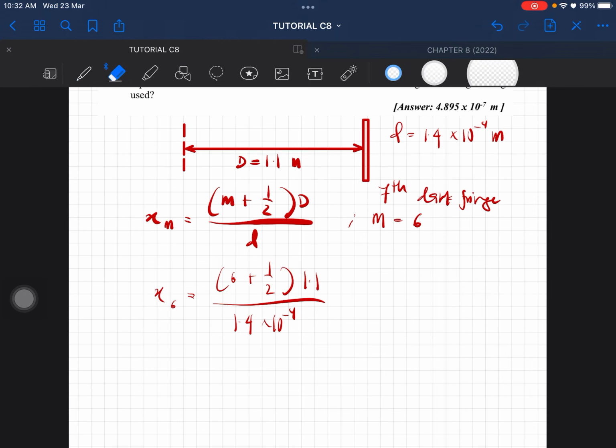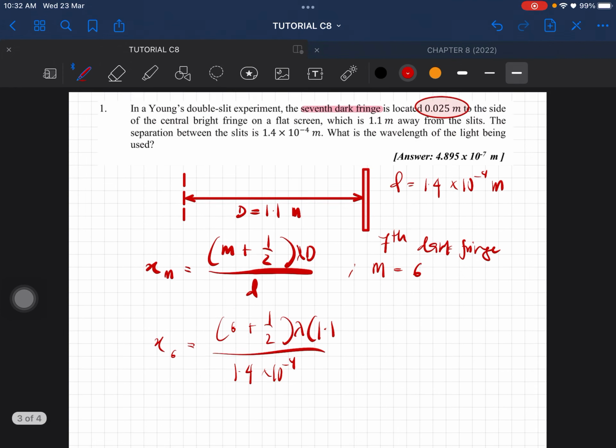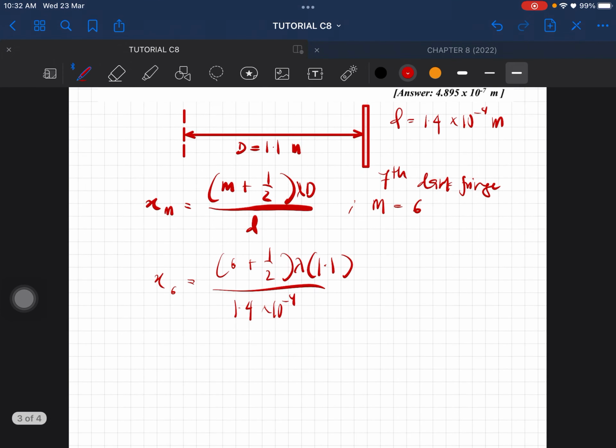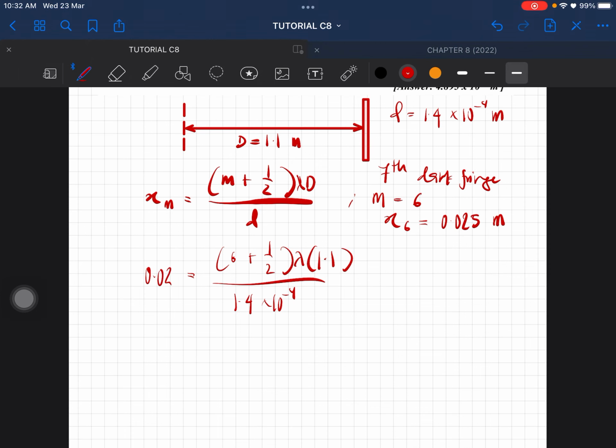Oh, I forgot the wavelength. Sorry. It should have the wavelength here. So this one is 1.1 meter, and then the separation between the central bright fringe and the sixth order dark fringe is 0.025 meter. That needs to be given here. Alright, so that is that.